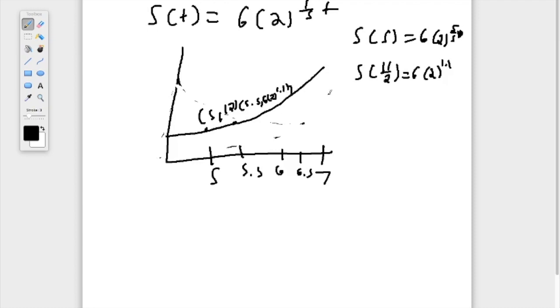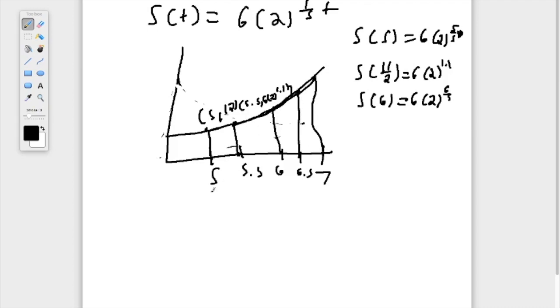And then we're going to find s of 6, and that's 6 times 2 to the 6 over 5, and so on and so forth. So next we're going to draw trapezoids to each point. So let's try to connect the dots, but sketch trapezoids in between those intervals.